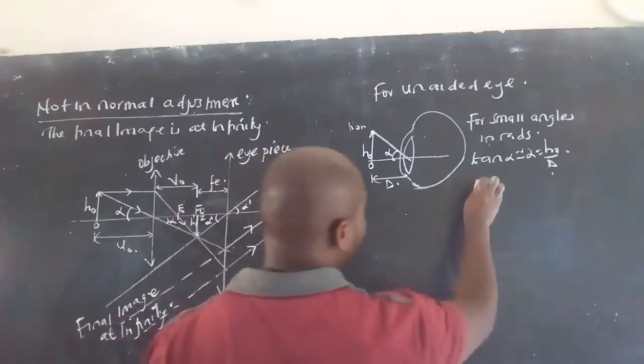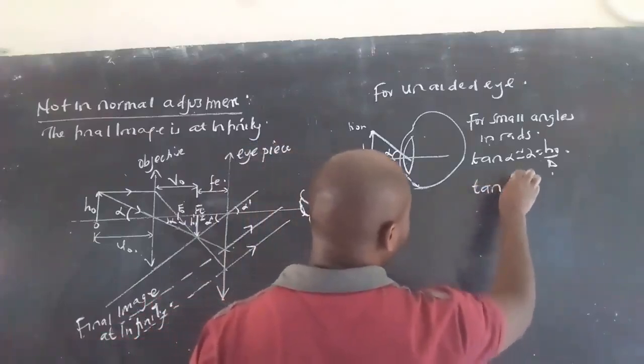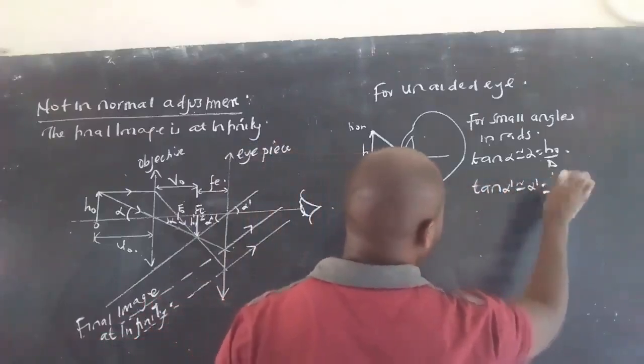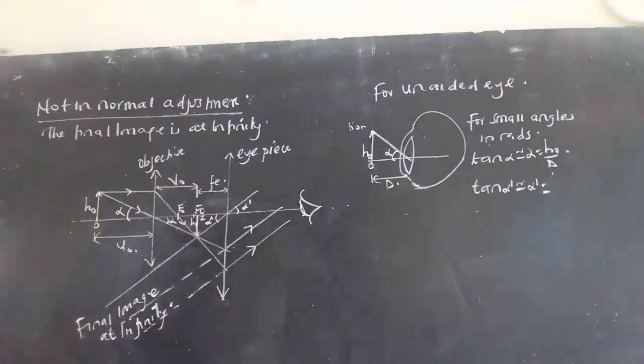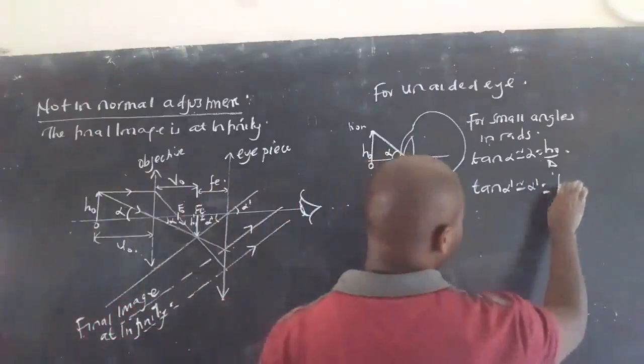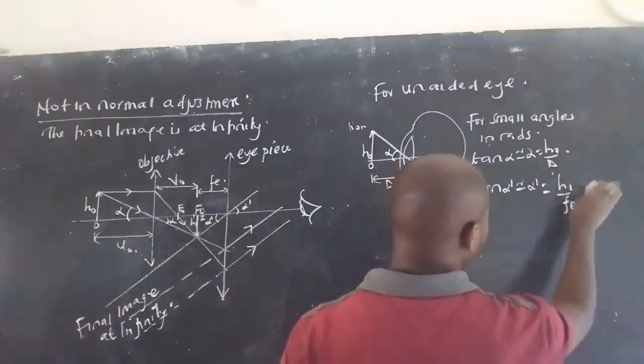Then from the diagram, what's the expression for alpha prime? We use the triangles available. So this is alpha prime. I shall use this triangle, which is H1 over the adjacent, which is FE. H1 over FE.